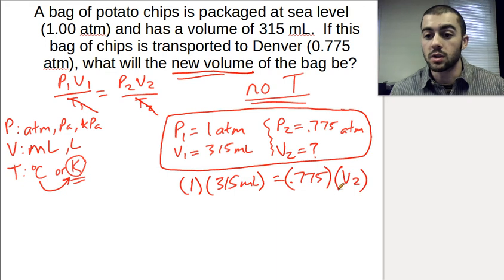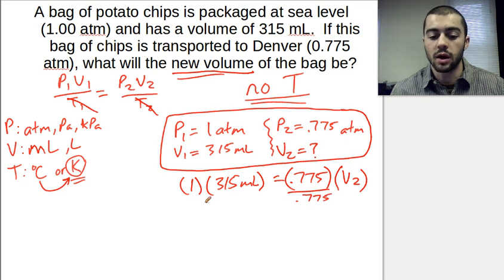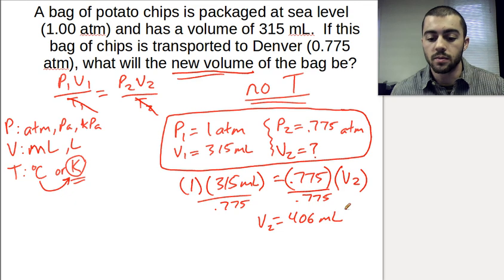The unknown always just stays as a variable, and that's what you're trying to solve for. To solve for V2, we want to get it by itself. We want to isolate it. We do that by dividing 0.775 on both sides. And so you should get V2 equals 406 milliliters.